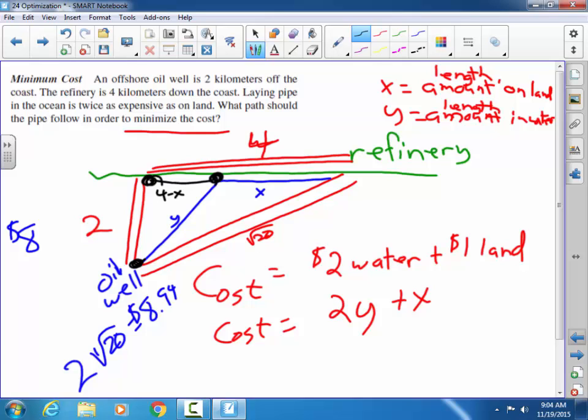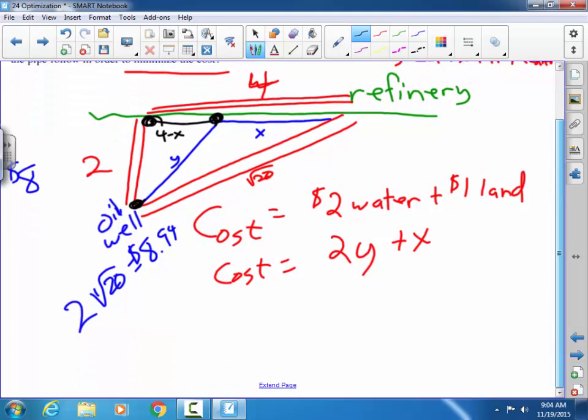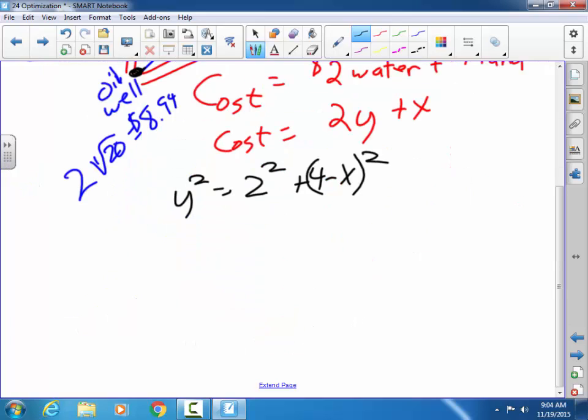Do y'all buy that? Nothing wrong with what Chase said there. He's exactly right. We could also say that's 4 minus x, because this whole distance is 4. That piece is x, so that's 4 minus x. So now, come down here and we can say y squared equals 2 squared plus (4 minus x) squared. Right? Well, then y must be the square root of that mess. So let's figure out what our cost is now.